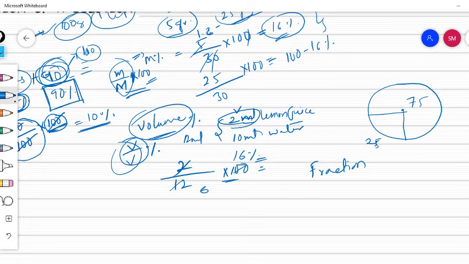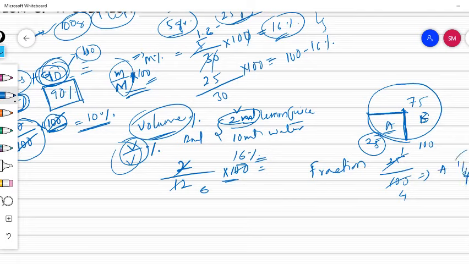Fraction means the part that A occupies in the total. So the part of A is 25, out of a total of 100, so it is 1 by 4. So the fraction of A is 1/4.